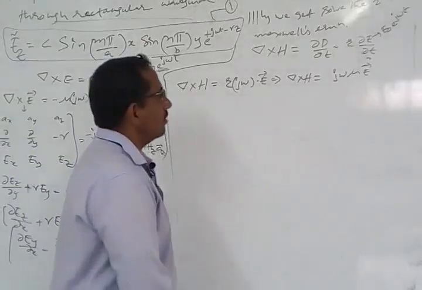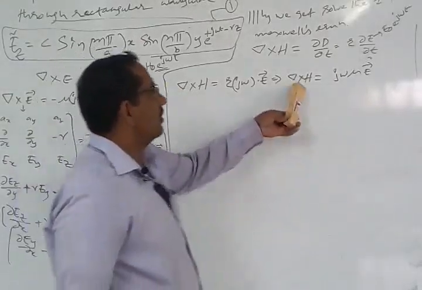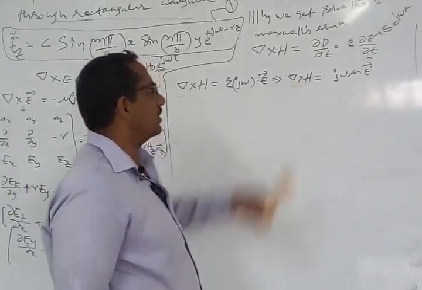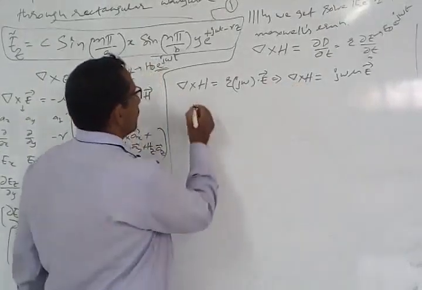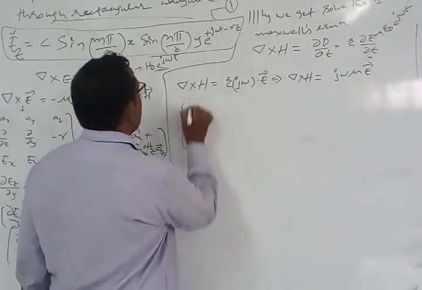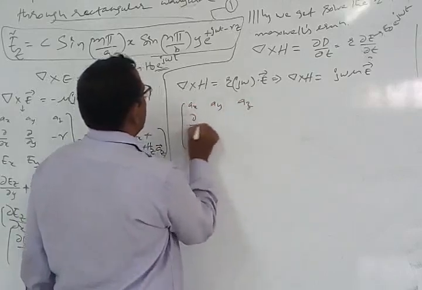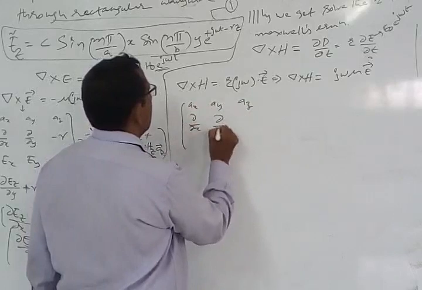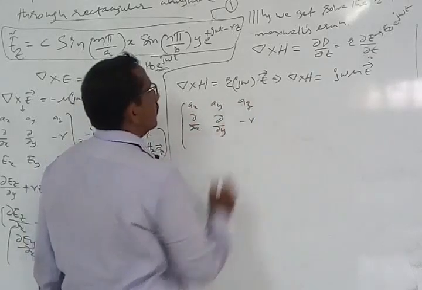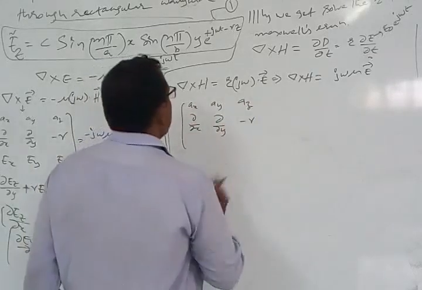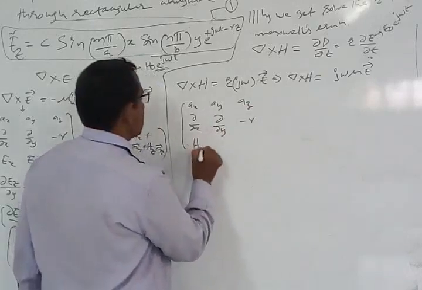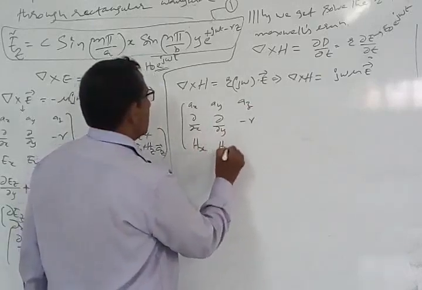Now similar to the previous one, we will substitute the determinant value for the curl operation. So what can I write now? I can have Ax, Ay, Az, dou by dou x, dou by dou y, dou by dou z is gamma, right? Then next is Hx, Hy, Hz.